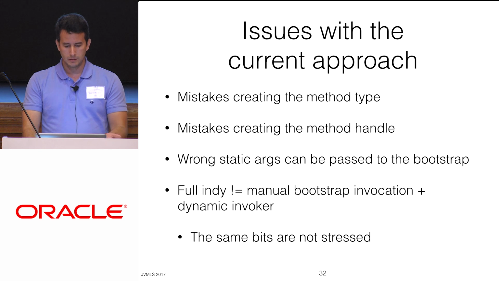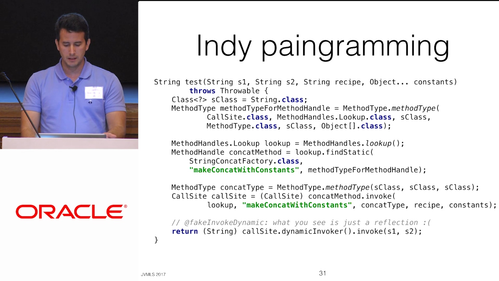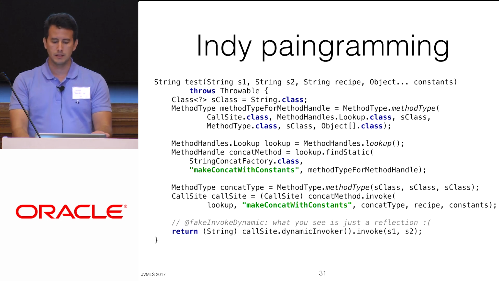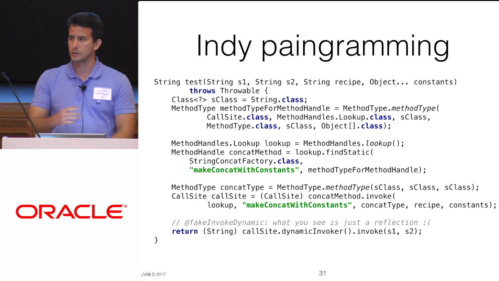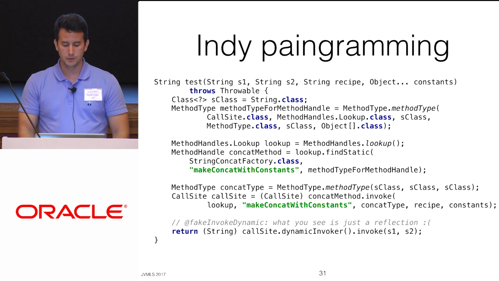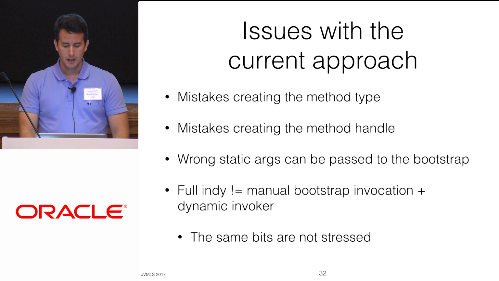Actually, to write this test for the presentation, I had to go through several of those errors. So it's easy to make mistakes, and again, you are not stressing the same code.